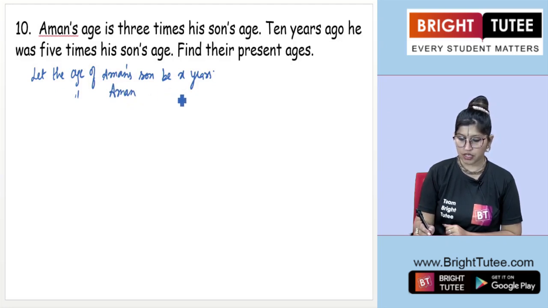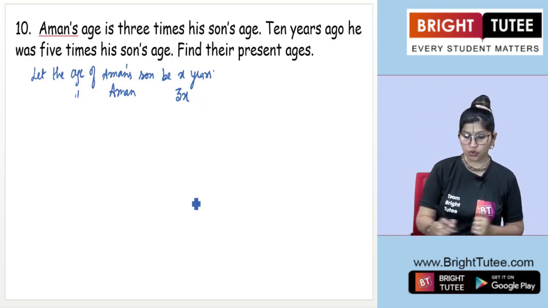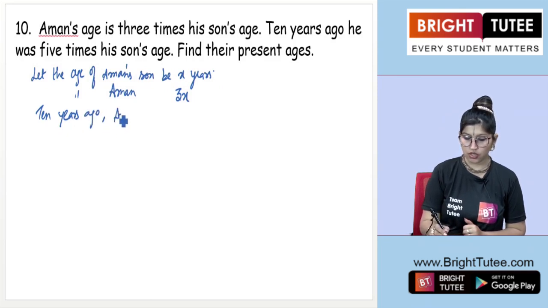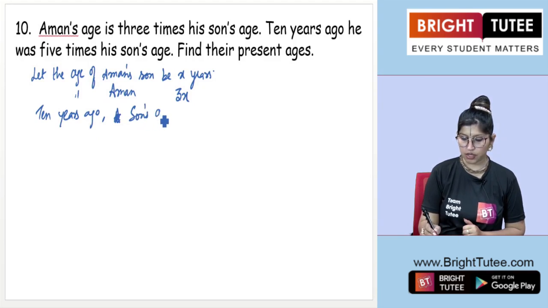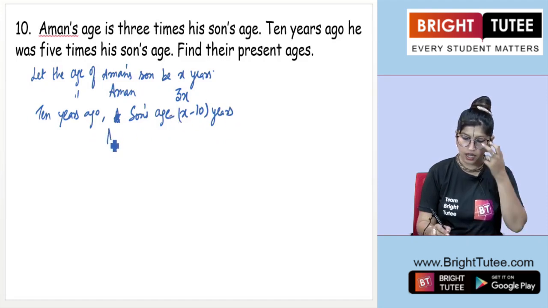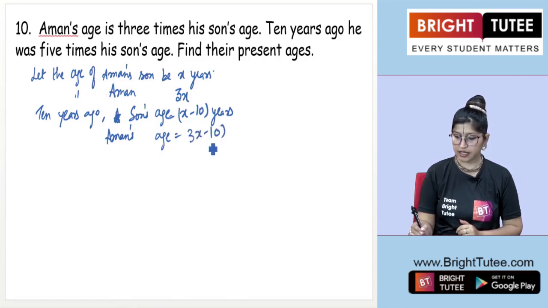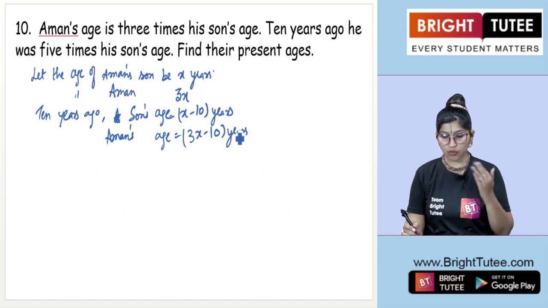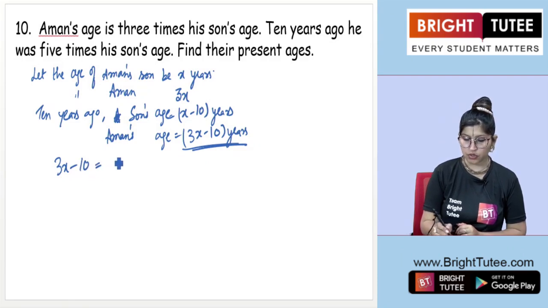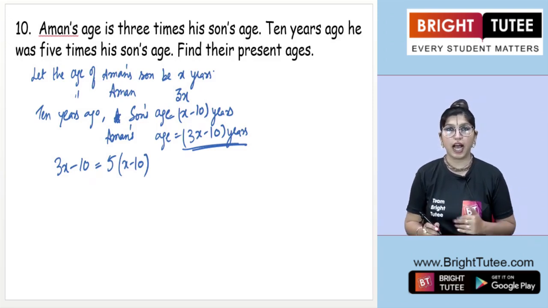So, the age of Aman will be 3 times x, that is 3 times his son's age. 10 years ago, what will be their ages? 10 years ago, his son's age will be x minus 10 years and Aman's age will be 3x minus 10 years. Now it says 10 years ago he was, that means Aman, what's Aman's age? 3x minus 10. He was equal to 5 times his son's age. So this is the equation which we have to create.